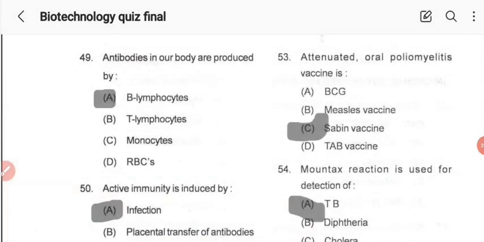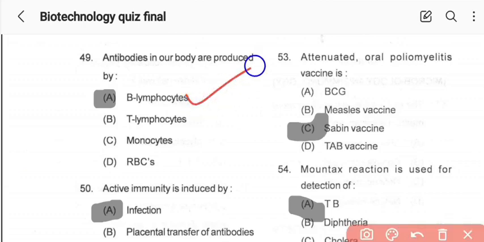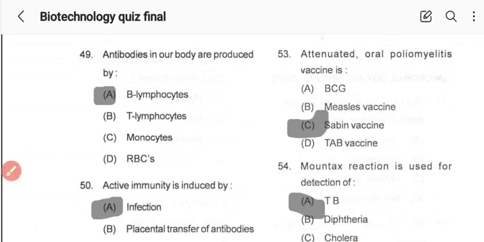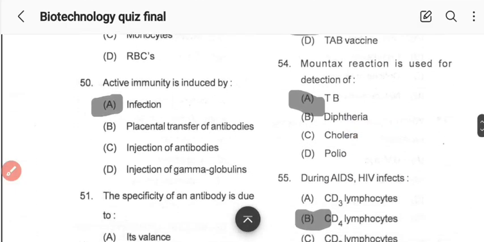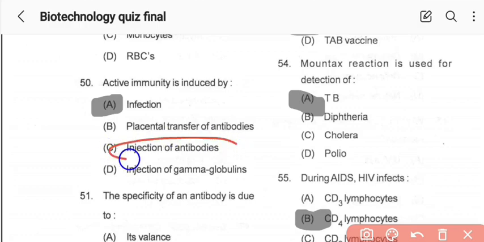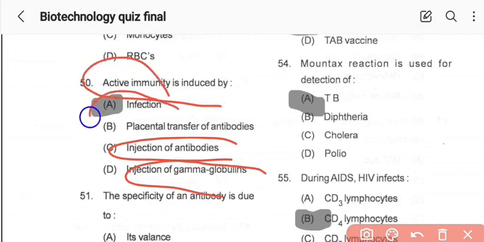Antibodies in our body are produced by what? B lymphocytes. Next question. Active immunity is induced by what? Infection, not any kind of vaccination or injection of antibodies. These do not induce active immunity. It is generated only with the help of infections.